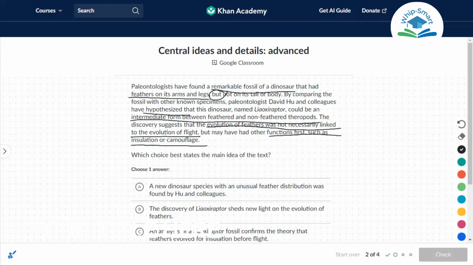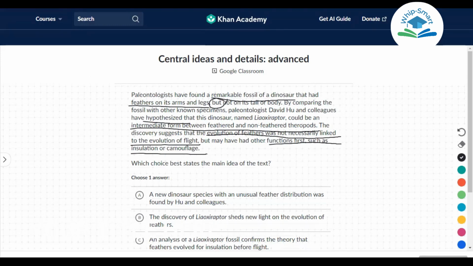So what is the main idea of the entire text? Ma'am, it's basically telling us that animals might have feathers, but it's not necessarily linked to the evolution of flight. Yeah, exactly. Those feathers can be used for camouflage or insulation also.